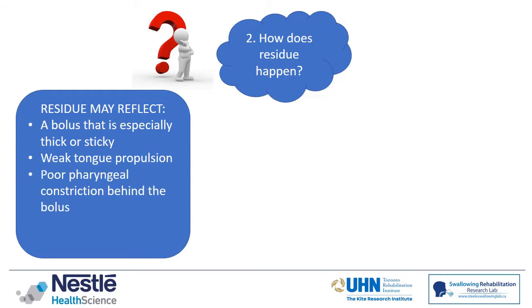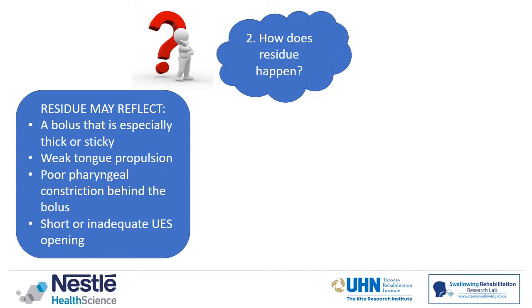Third, the literature suggests that there is a strong association between poor pharyngeal constriction behind the bolus and residue. And finally, if there are problems either with the diameter or the duration of upper esophageal sphincter opening, then residue may be left behind in the pharynx.